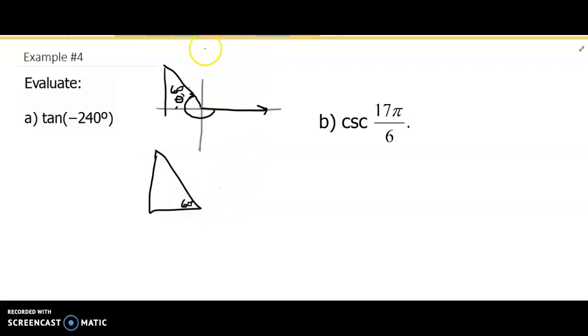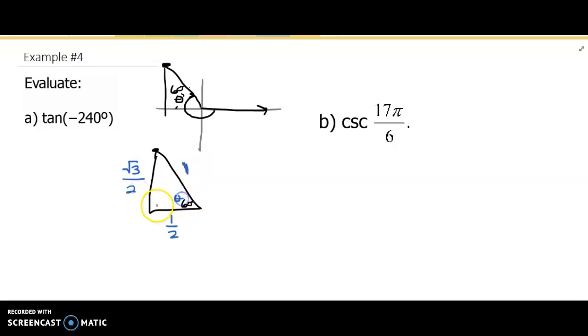Now, if you have the unit circle and you can figure out this point here, you can automatically find tangent by sine over cosine. But if you don't have it memorized, which is okay, you should know your ratios of special triangles and know that our radius is 1. The small side is always half of that, and this side over here is the small side times square root of 3, so square root of 3 over 2.